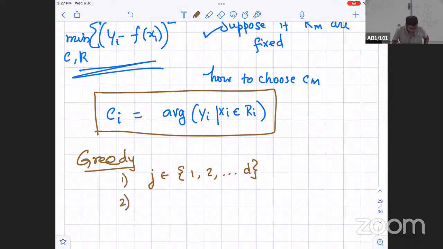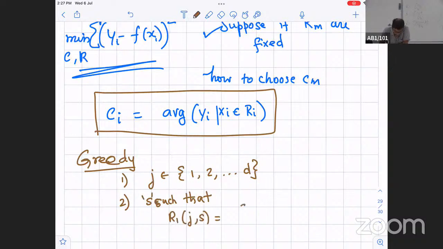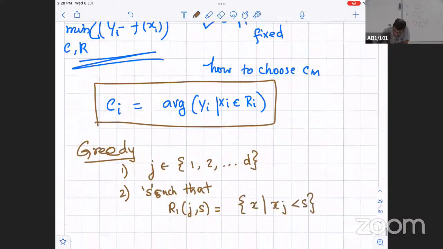And step 2, I will choose a split s. When I choose a split, I will get R1 of j, s, which is the region of all points x such that x_j is less than s.